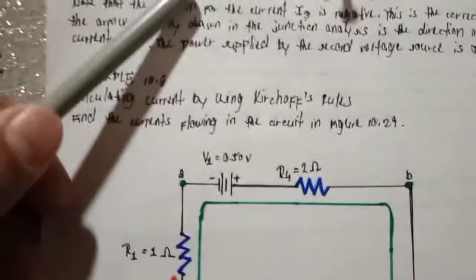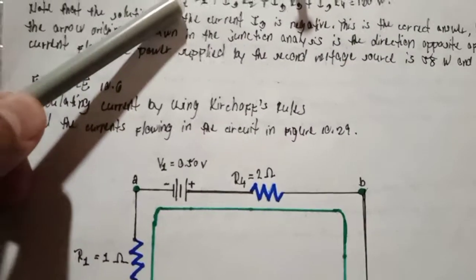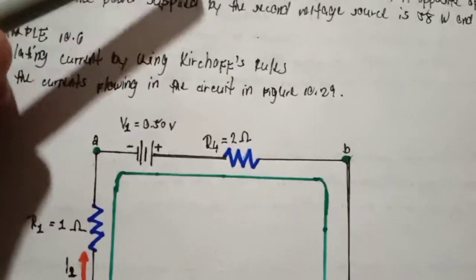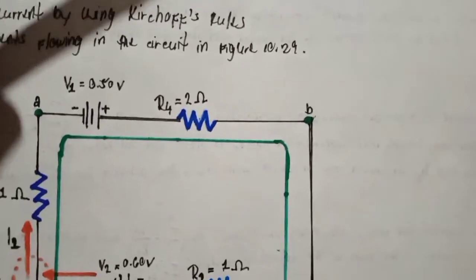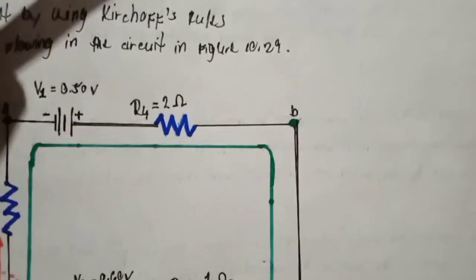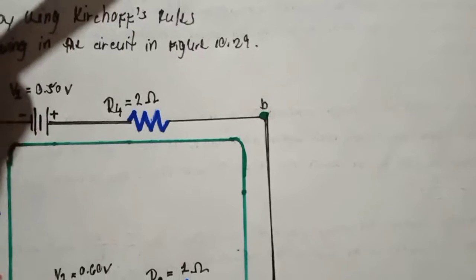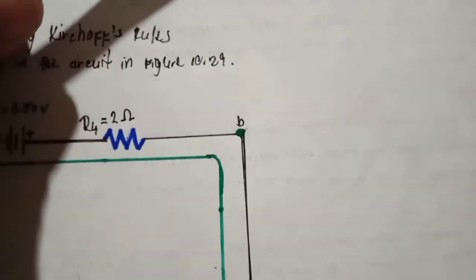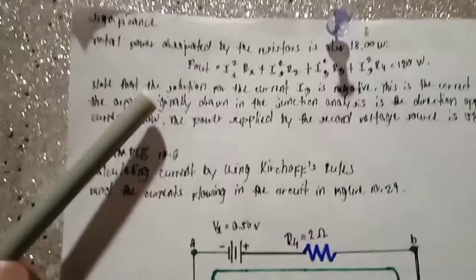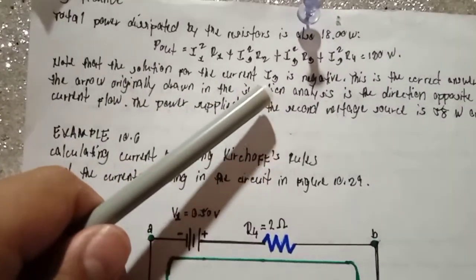P sub out is equal to I sub 1 squared R sub 1 plus I sub 2 squared R sub 2 plus I sub 3 squared R sub 3 plus I sub 4 squared R sub 4, and the total is 130 watts. Note that the solution for the current I sub 3 is negative.